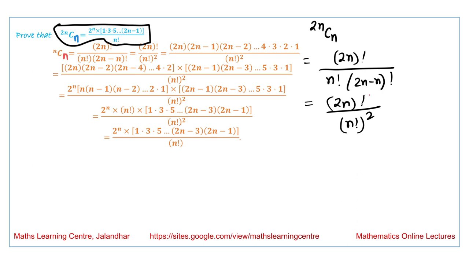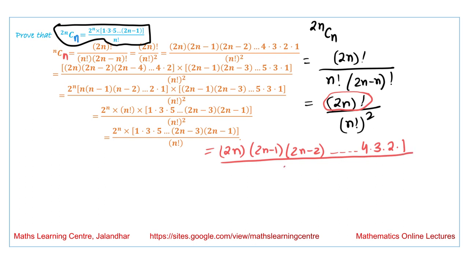Now look at the numerator, it is (2n)!. We can write it as 2n into (2n − 1) into (2n − 2), so on up to 4 into 3 into 2 into 1, divided by (n!)².